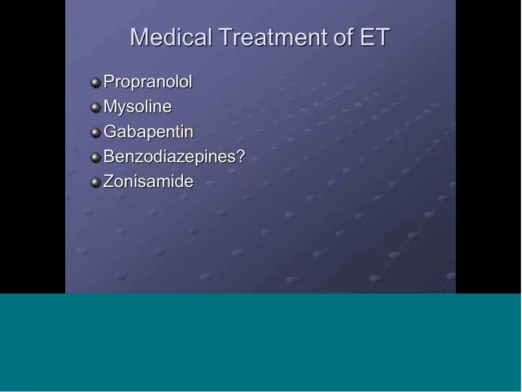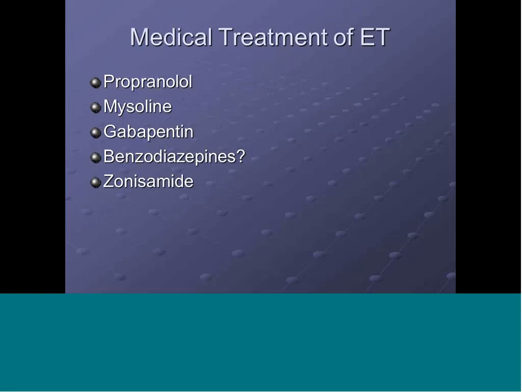Medical treatment of essential tremor, most commonly used agents include propranolol and primidone. We prefer using primidone more and propranolol as a second agent. However, both have good benefit, more than 50 to 60% tremor control. Gabapentin, benzodiazepine, zonisamide.